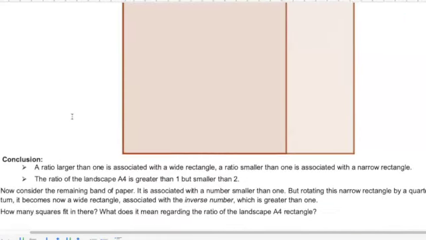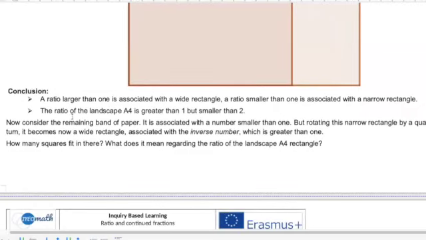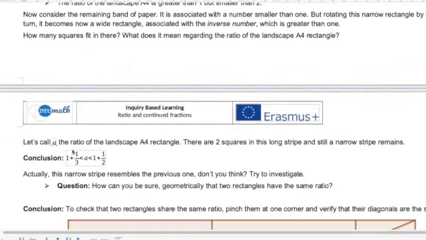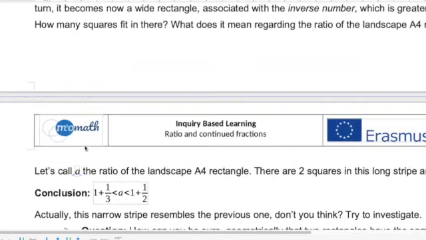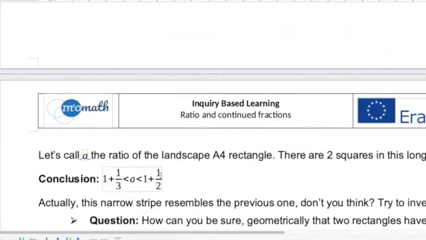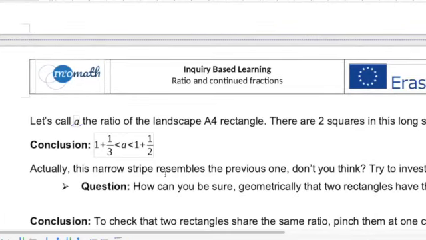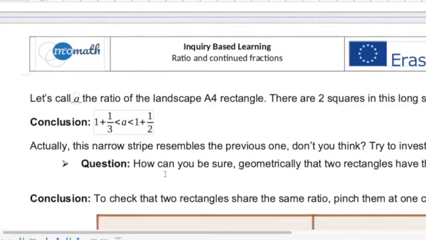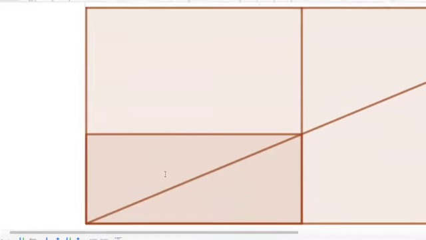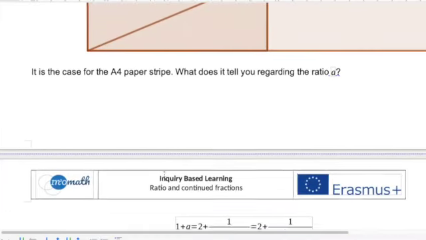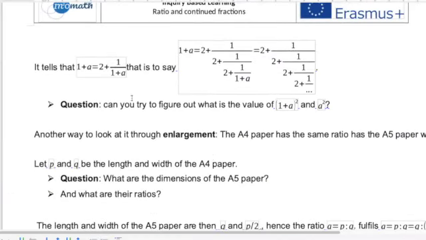So what you get here is, you put that in words, and so for the first thing you have that this ratio is between 1 plus a half and 1 plus a third. But if you do it one step more than that, then what you get is that the A of the A4 paper is not that nice.